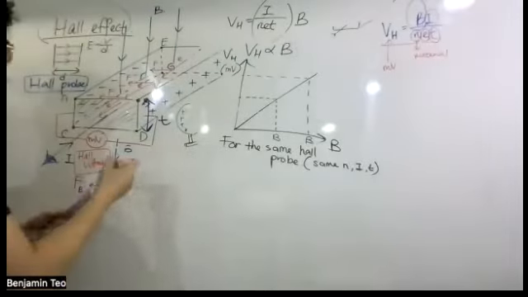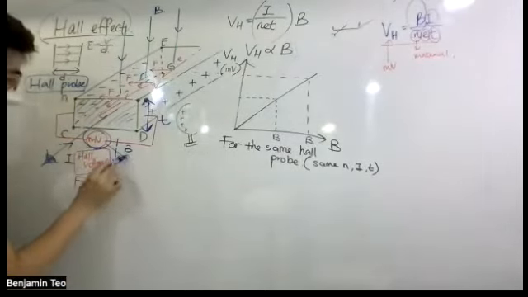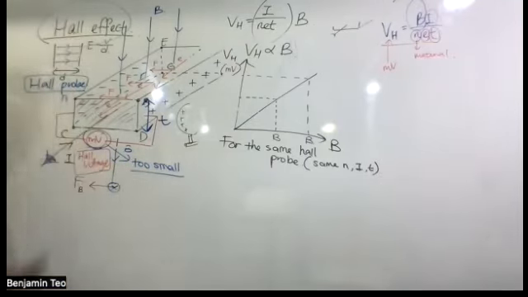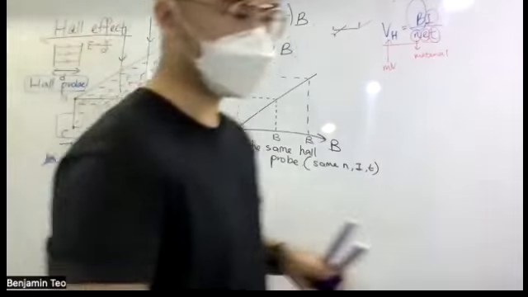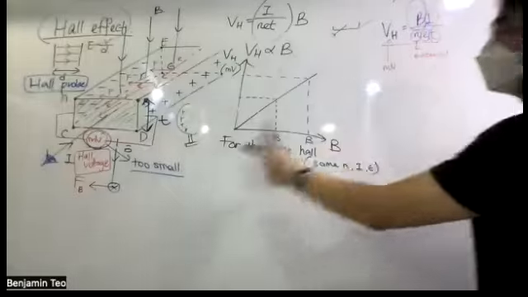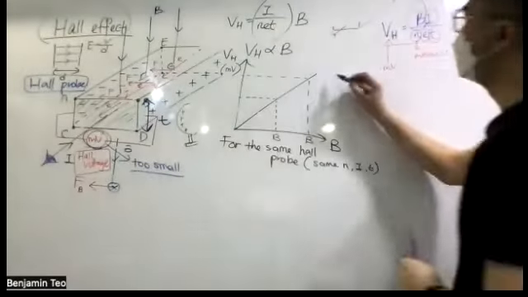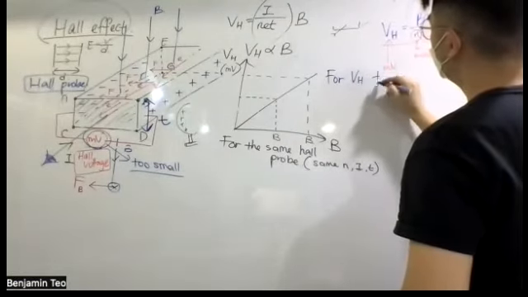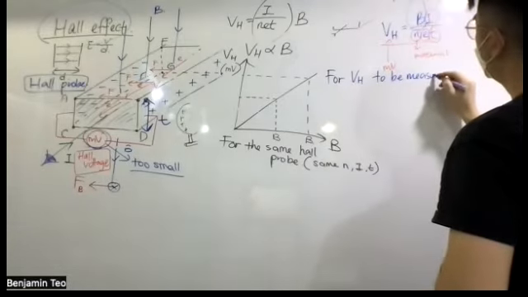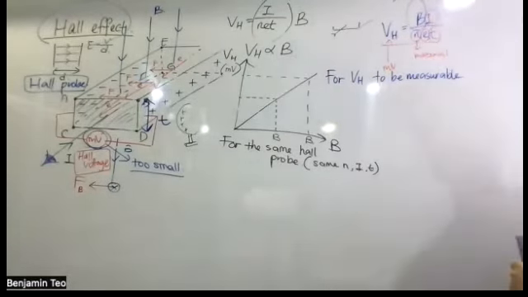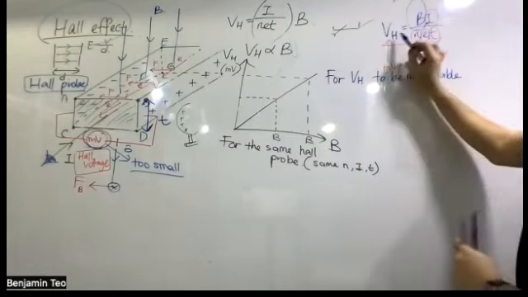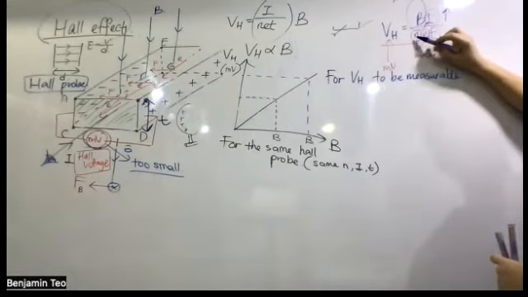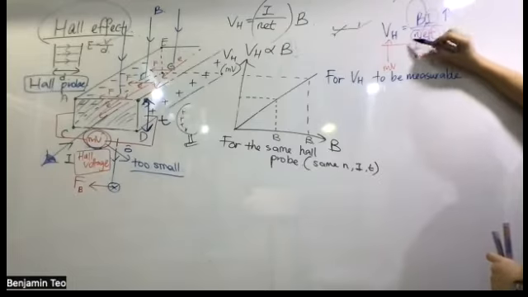This V_H can sometimes be too small to measure, very hard to take the reading. Then what do we do? We have to increase this value. So for V_H to be measurable, based on the formula, we increase the current, or increase this, or decrease this.